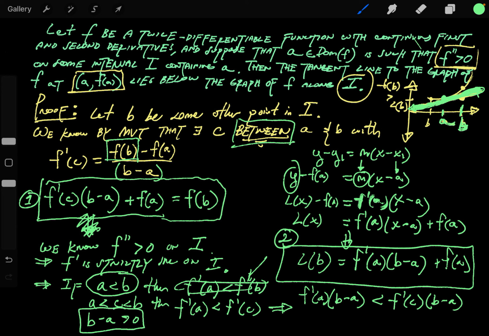Otherwise, that inequality would have flipped the other way. And then from here, you can just add f of A on both sides, and it doesn't matter whether f of A is positive or negative.